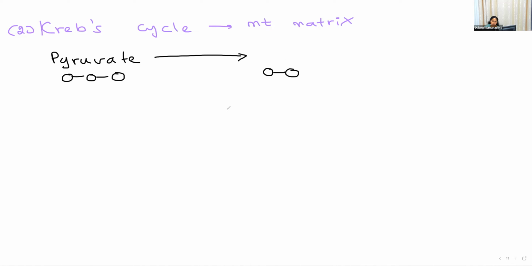Right, some of the textbooks use this compound, that's why I'm introducing this. Write down pyruvate is going to break down into acetyl coenzyme A. This is a 2 carbon product. You can say acetyl CoA, right?